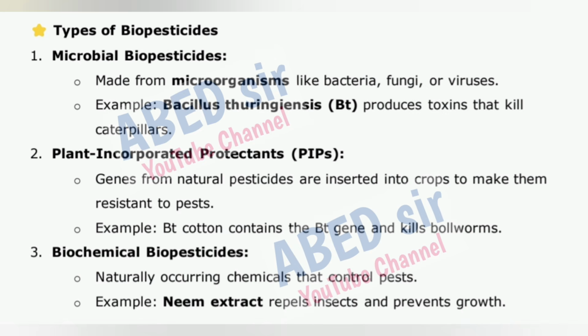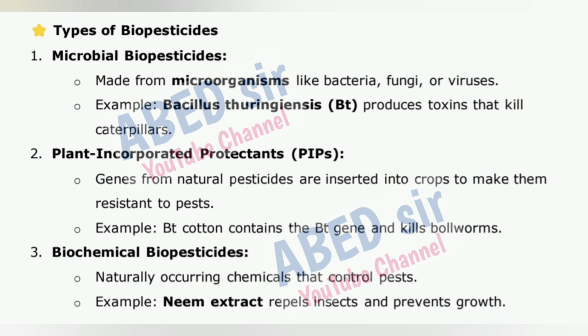Types of biopesticides. 1. Microbial biopesticides. Made from microorganisms like bacteria, fungi, or viruses. Example: Bacillus thuringiensis, Bt, produces toxins that kill caterpillars. 2. Plant-incorporated protectants, PIPs.